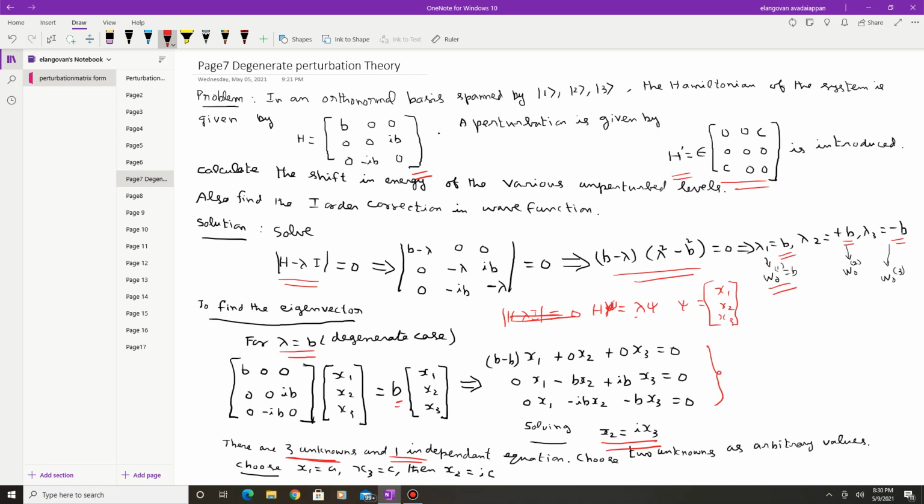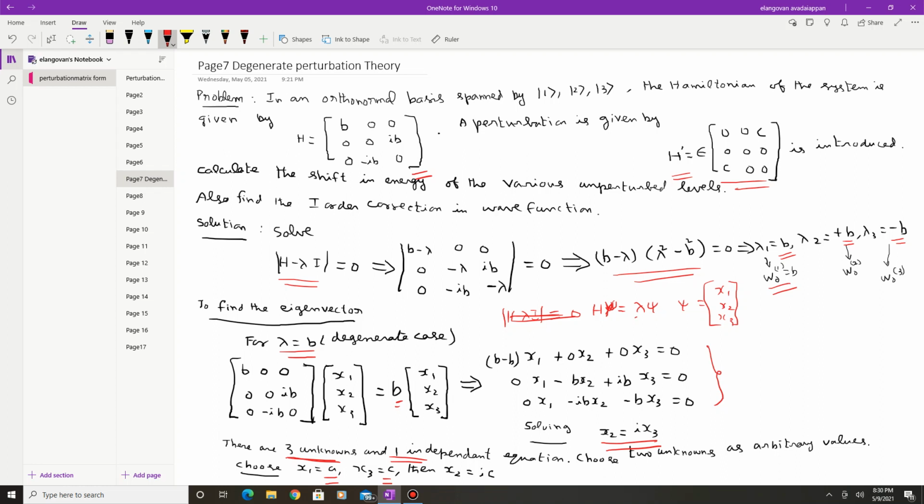You have to choose two unknowns as arbitrary values. So you choose x1 is equal to a, x3 is equal to c, then x2 is equal to ic. You choose two arbitrary values, and the third value can be obtained from the given values.